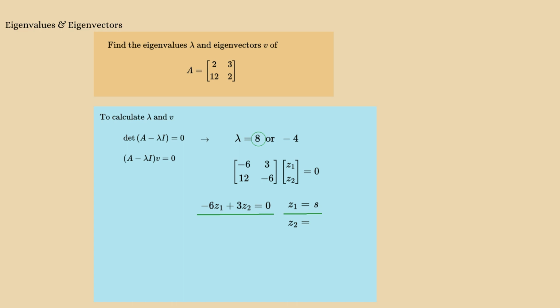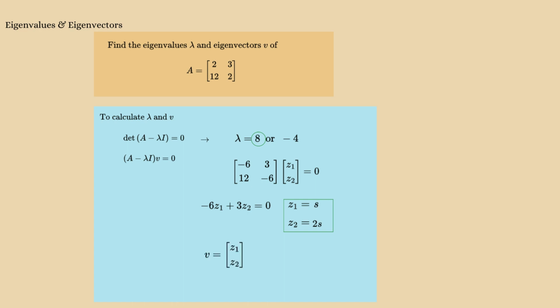Using z1 equals s and going back to the equation negative 6 z1 plus 3 z2 equals 0, replace z1 by s, and you should be able to solve for z2. Our z2 should be equal to 2s based on the equation. So in the end, we got z1 equals s and z2 equals 2s.